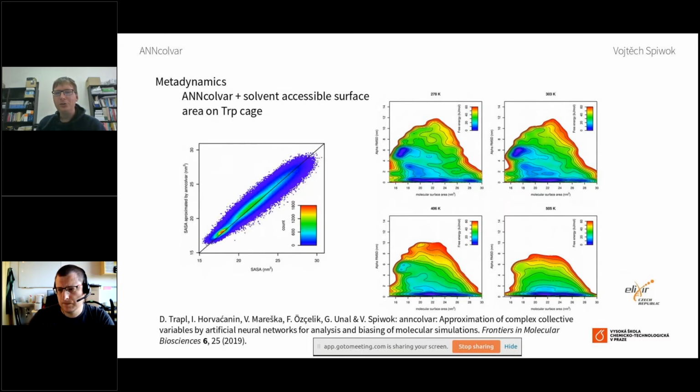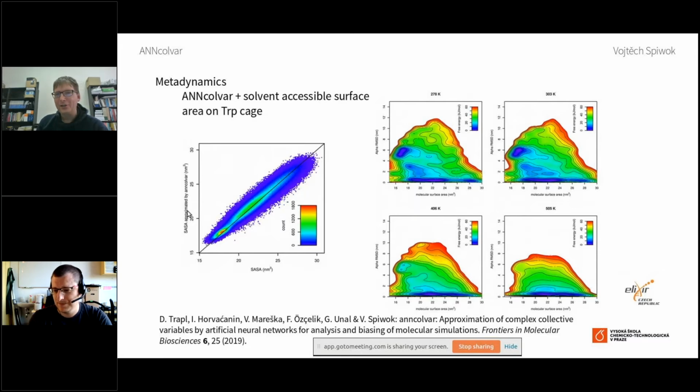And we used this information to train the neural network and to approximate this solvent surface area by a neural network. And here you can see some very good correlation between the true solvent accessible surface area and the solvent accessible surface area approximated by our method.